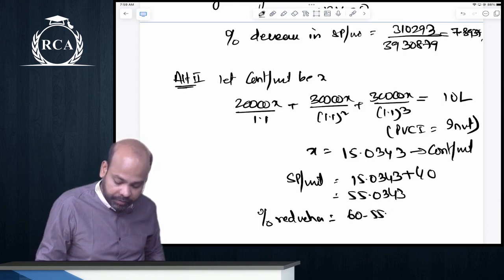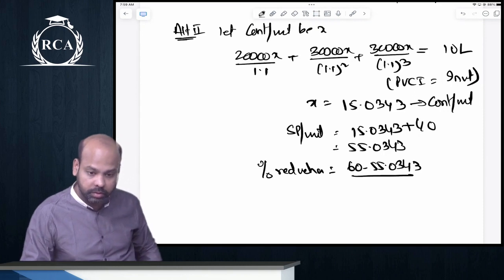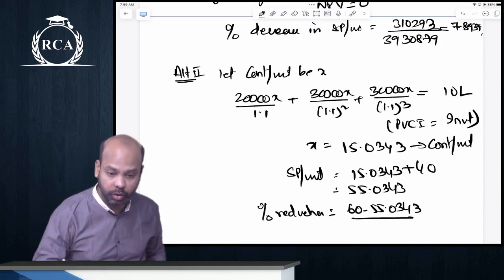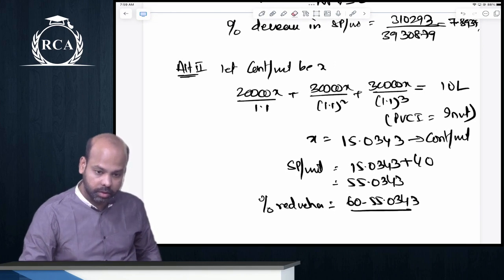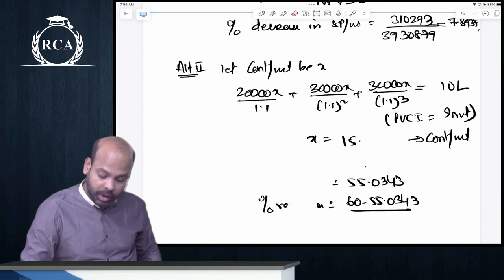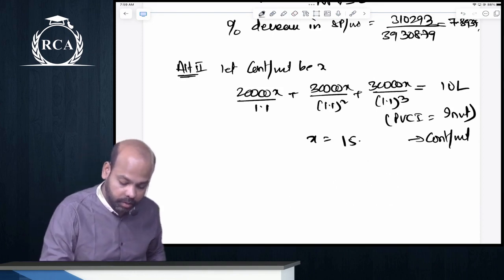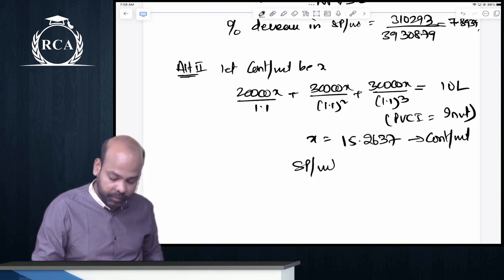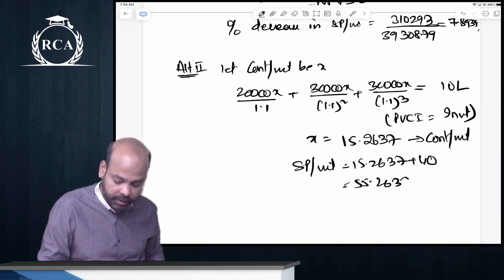60 minus 55.0343. Do it correctly, because you told me wrong again. X is equal to, you said 15.0343. Therefore selling price per unit, beta, will be 15.2637 plus 40 rupees, and that is 55.2637.